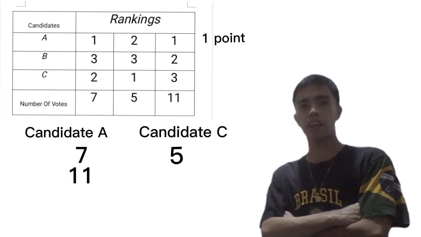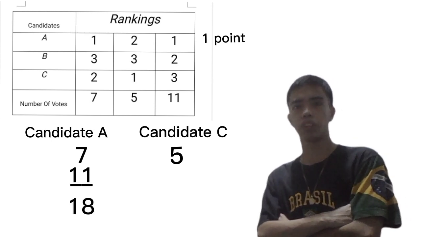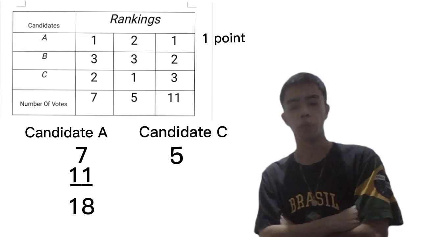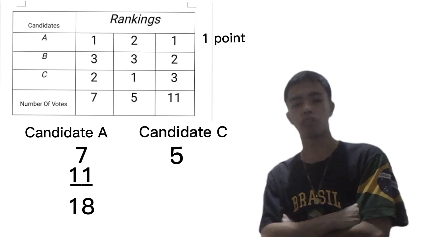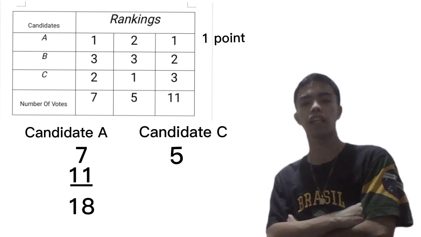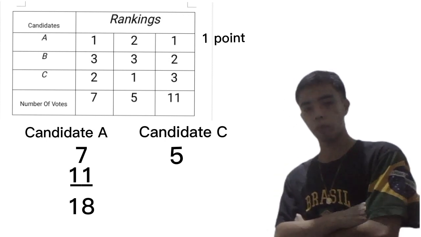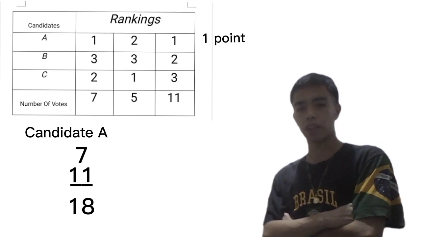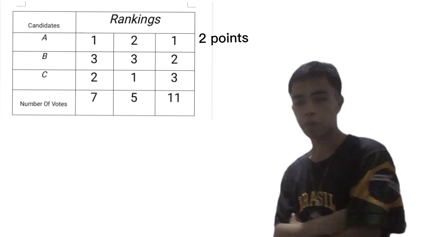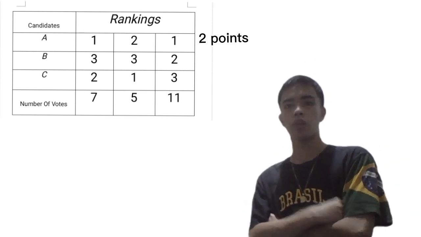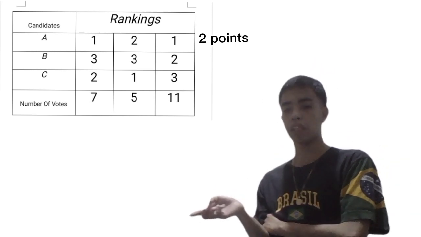Candidate A got 18 votes, while candidate C got only 5. So candidate A gets another point from the matchup. Now candidate A has 2 points from winning against candidates B and C.